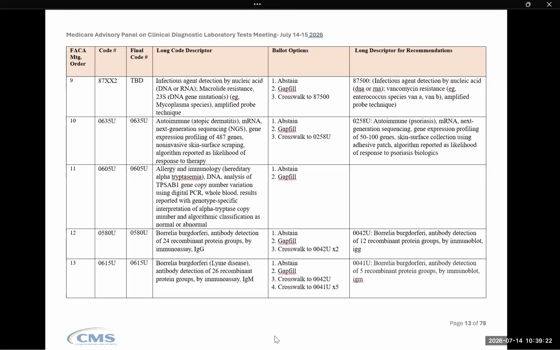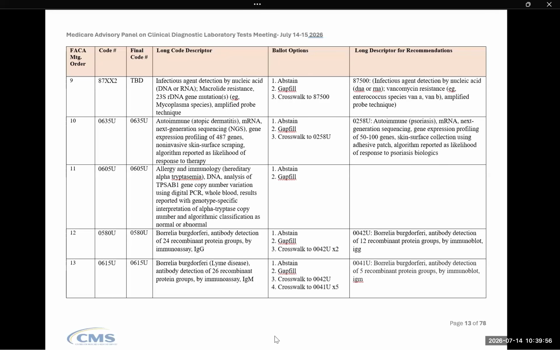For this particular test, we felt that the appropriate crosswalk was to 0041U, which is the Borrelia assay of 5 recombinant protein groups by immunoblot for IgM. It matches the organism and the methodology, and we further recommend that there be a multiplier ×5 to reflect the difference in the number of targets for 0041U versus the 0615U. So our final recommendation is to crosswalk to 0041U ×5.